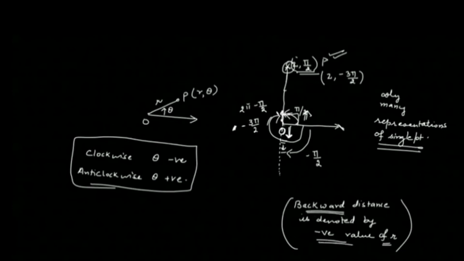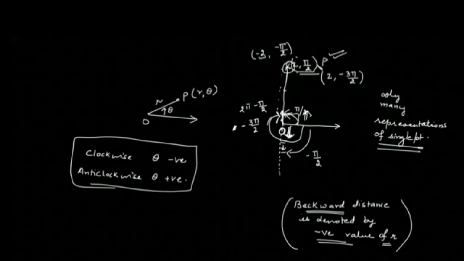So this is the initial ray, this is the pole. If we want to reach the point P by backward distance, we have to move such an angle. Now when we take a turn of minus pi by 2, the face is directed this way, and if we want to reach the point P, we have to cover the back distance. We have to take 2 back steps, then we will reach this point. Since backward distance is denoted by a negative value of r, and here the turn is minus pi by 2, this is another representation of the point P.